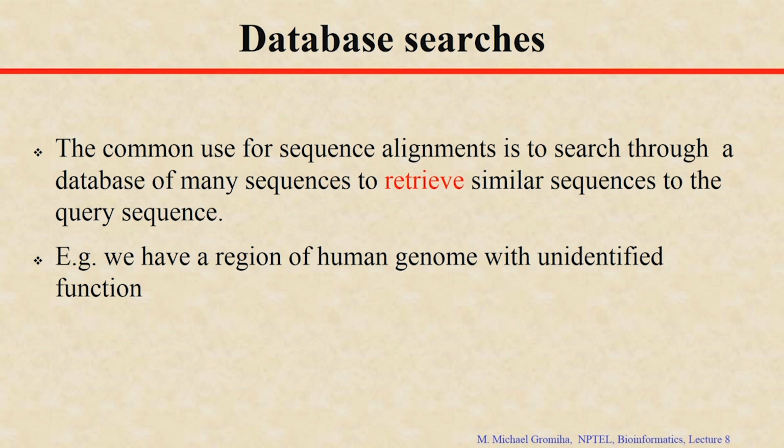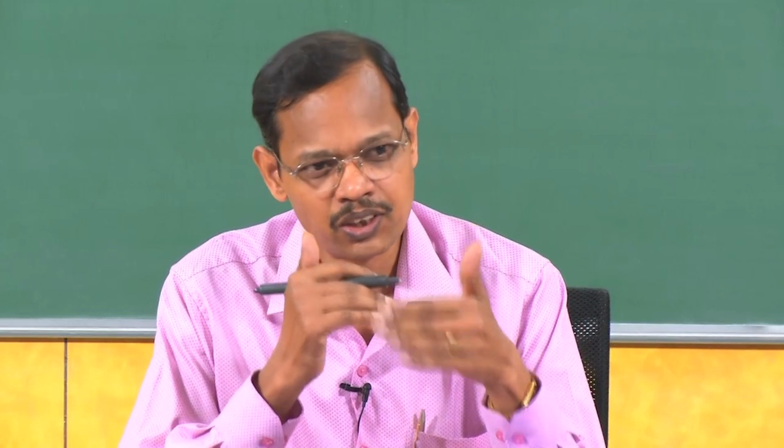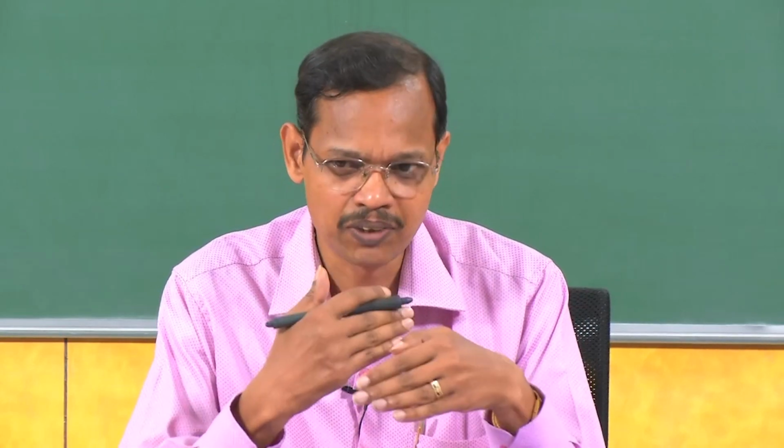The common use is this: you have a query sequence, and first you can see what other sequences are similar to it. If a sequence matches yours, you can try to understand how far they are similar.